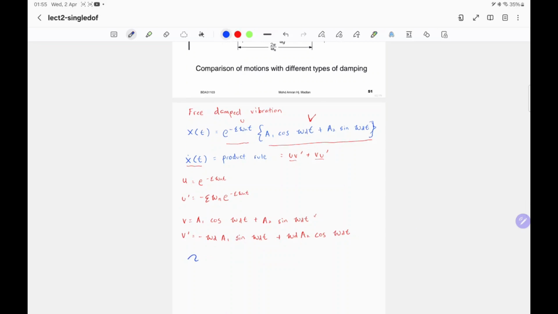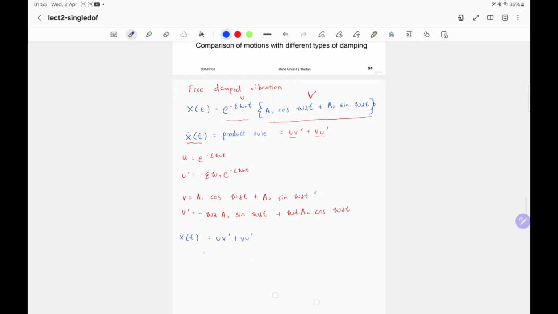So to find x dot t, which is uv prime plus vu prime, just write back u, which is e to the power of negative zeta omega n t, multiplied with v prime, which is negative omega d a1 sin omega d t plus omega d a2 cos omega d t, plus vu prime.